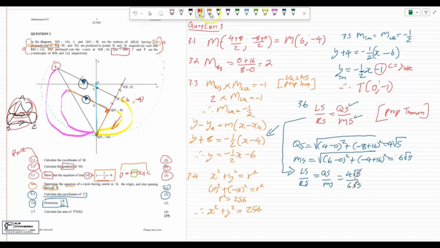This cancels that, and then 4 divided by 6 will be the same as 2 over 3. Okay, and that's how you conclude this problem.